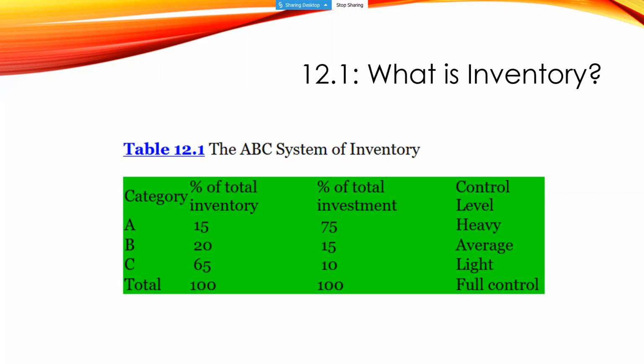So this could be something like a car lot. Might have 100 cars on the lot. In terms of number of units, that's not much compared to the total units of inventory.